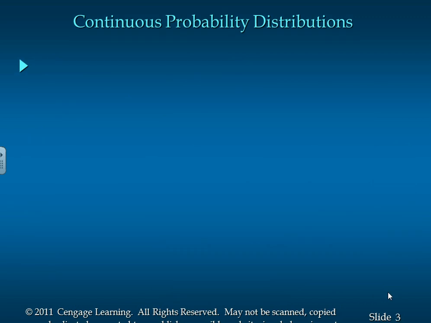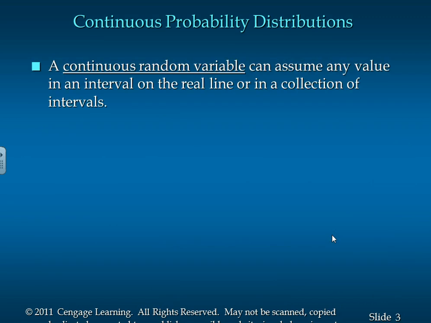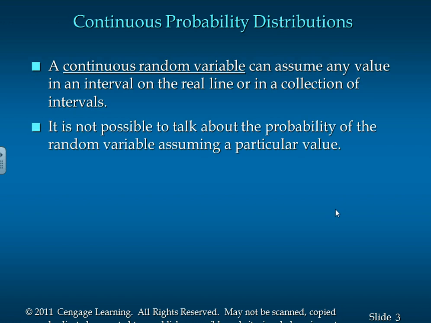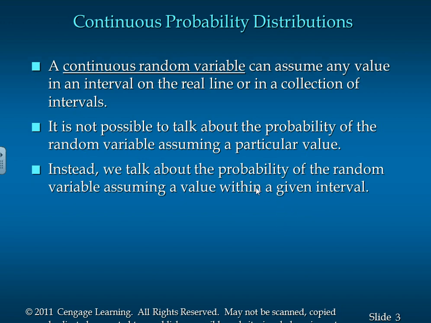The continuous probability. A continuous random function can assume any value in an interval on the real number line or in any collection of intervals. Okay, it is not possible to talk about the probability of the random variable assuming a particular value because it is continuous. Instead, we talk about the probability of the variable assuming a value within some interval.